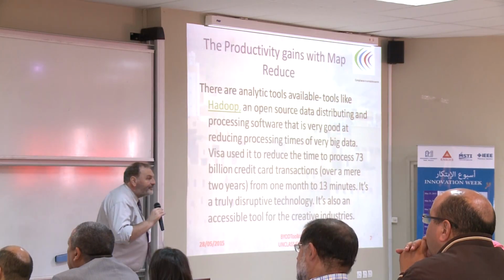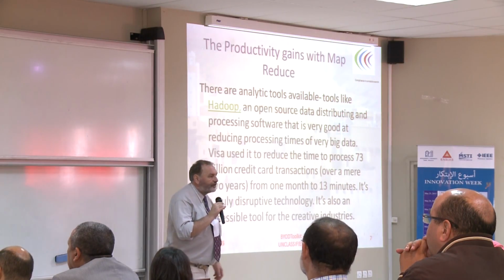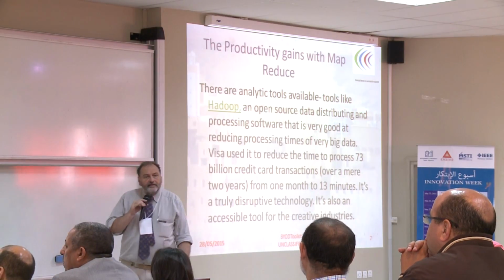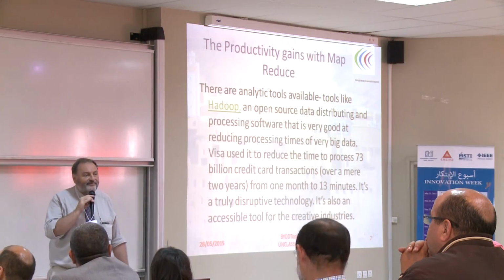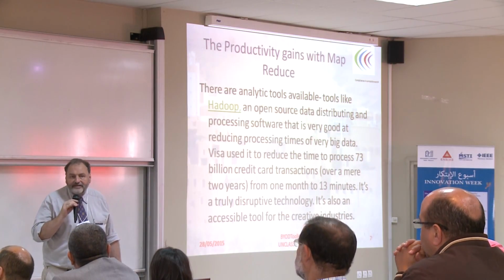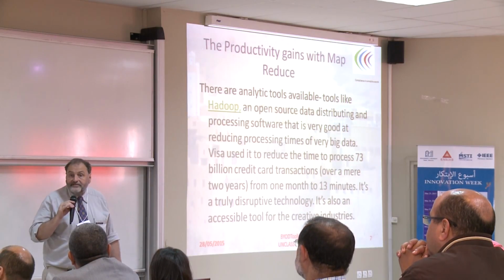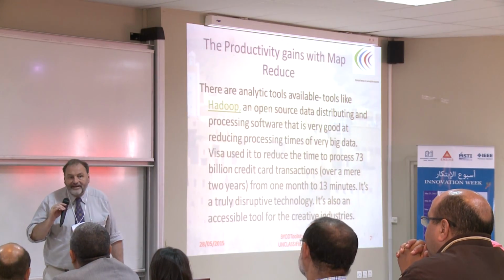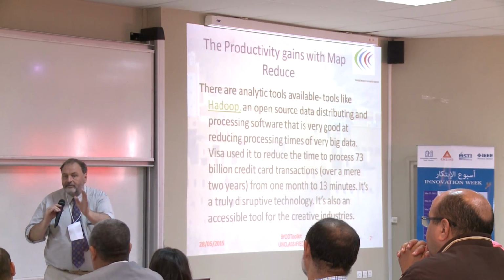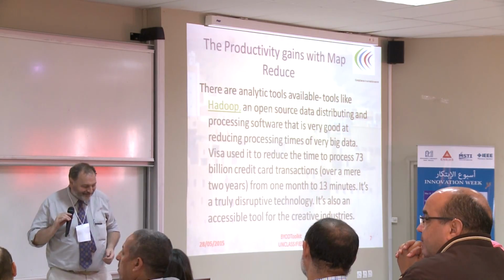Okay, now that changes the way the world works. It's like when we saw the first microprocessors come along in the 1980s. 10 years later, we had mobile telephones. We have enabling technology for complete new industries.